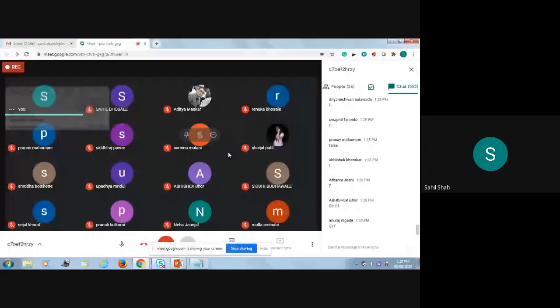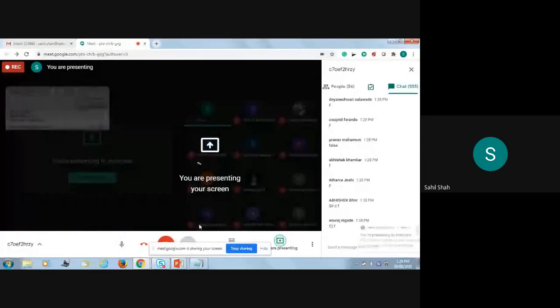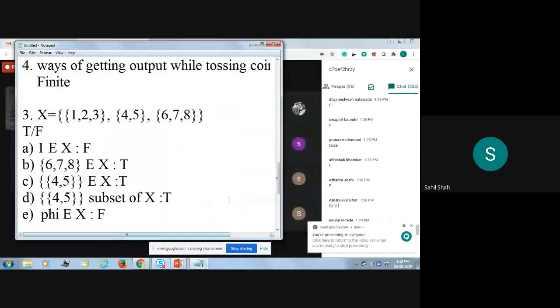Just hold on. Let me restart my presentation for a while so that there will not be any confusion before leaving this class. Yes, you are saying C as well. Check out, inside the bracket we have been given 4, 5. So do we have any element like this with the two braces 4, 5 here?